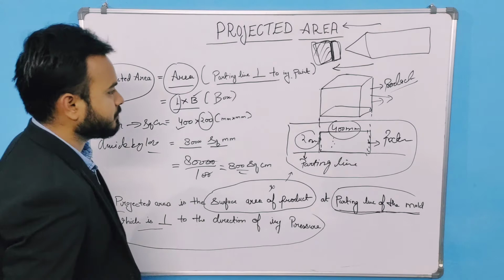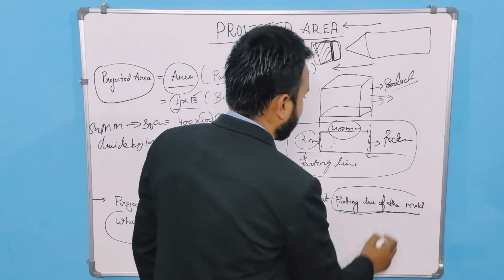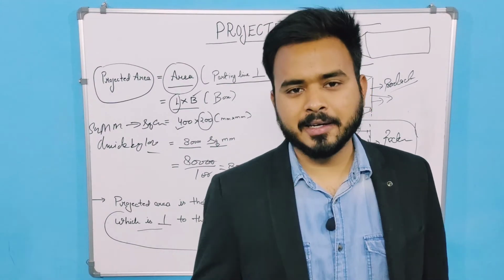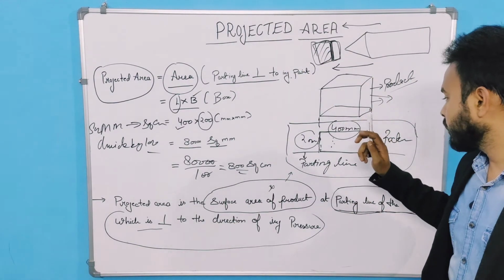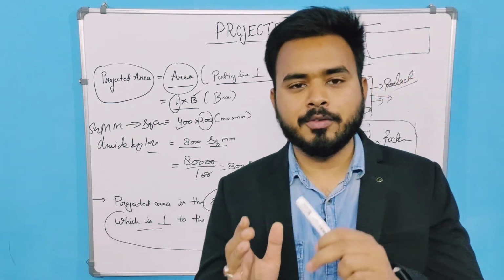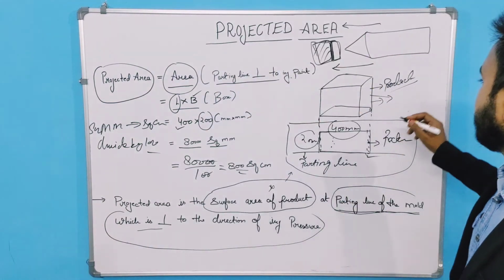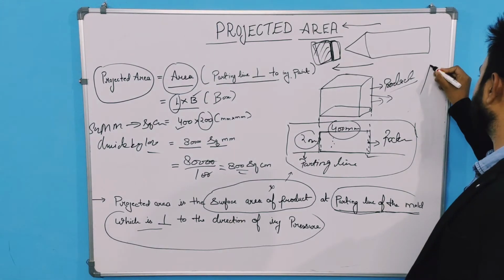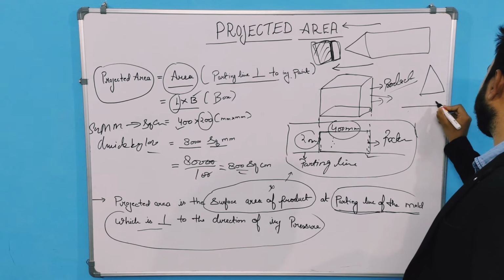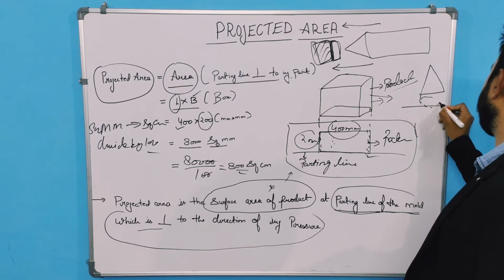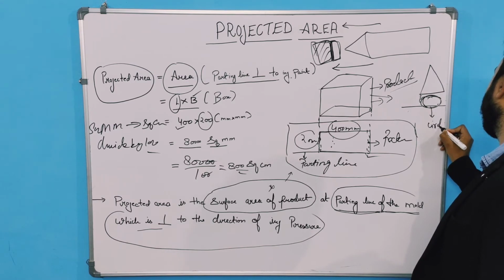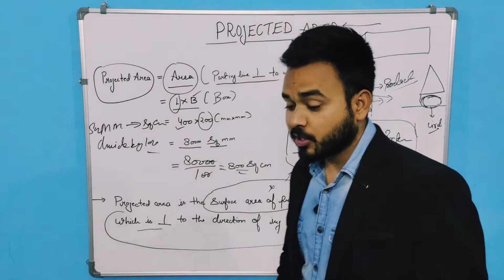Now, if the projected figure was a rectangle, we found the projected area of a rectangle. Guys, I'm telling you something important. If there is a product where, at the parting line, we have formed a shape like a circle, then we have to find the projected area of the circle.